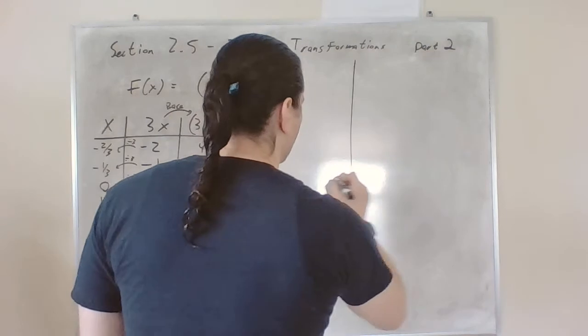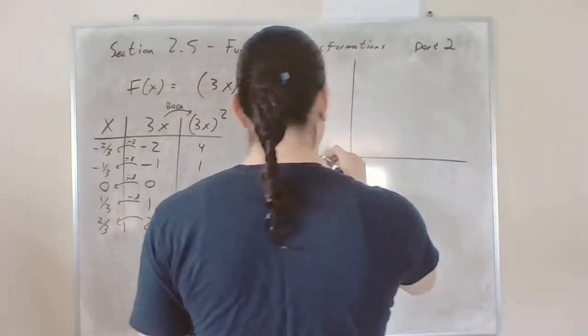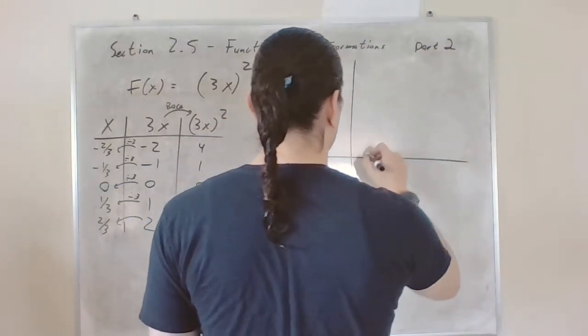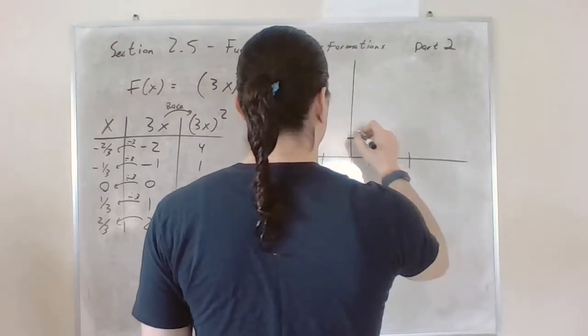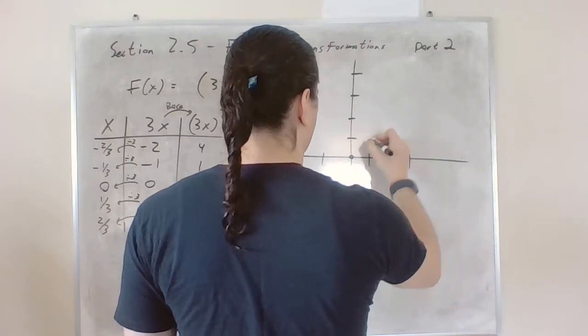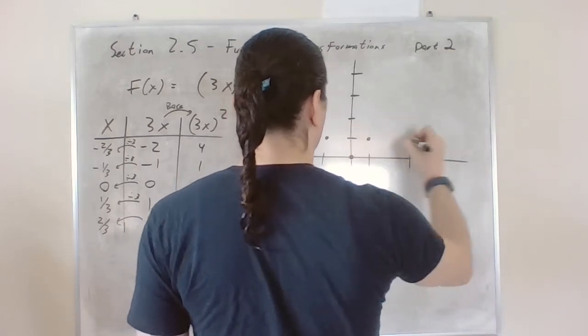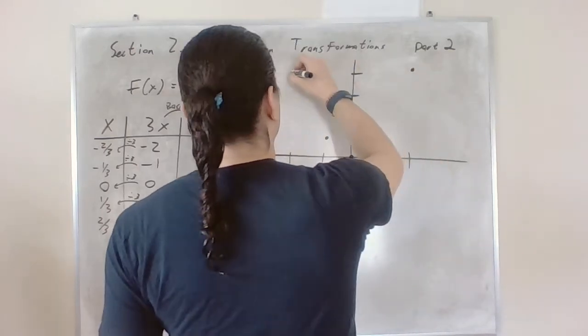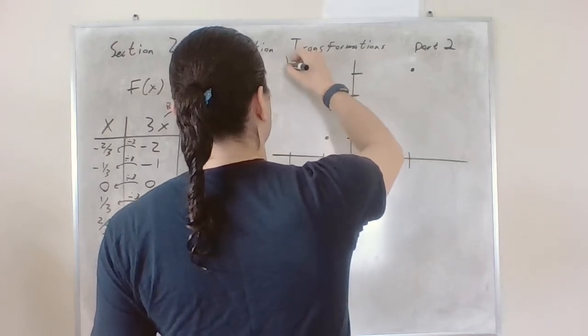So we can make this graph. As usual, I'm going to start with the base graph as 0, 0, a couple 1s, and then 2, 4. So this is the base graph.